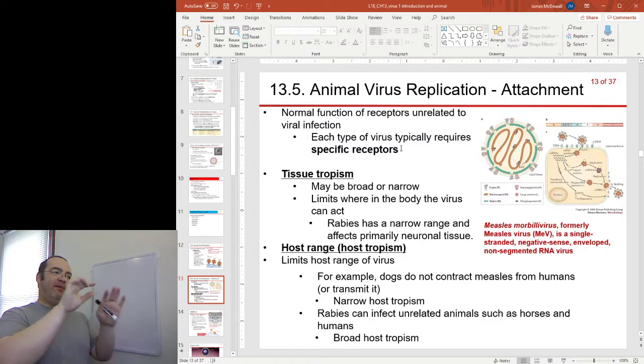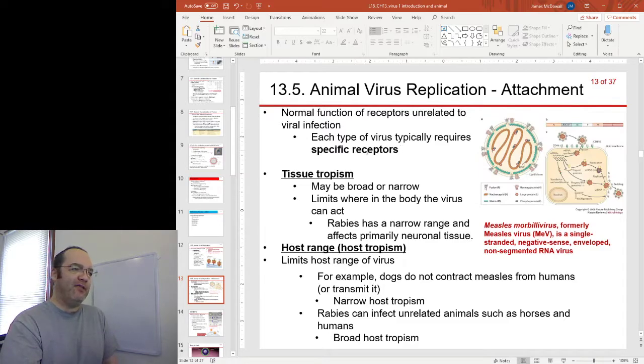And the ability of a virus to attack different parts of the body, or even different kinds of animals, is based upon the specificity of the receptors and the virus spikes.